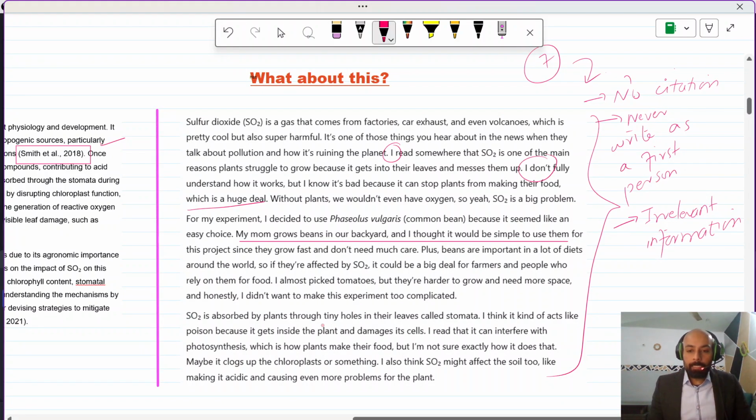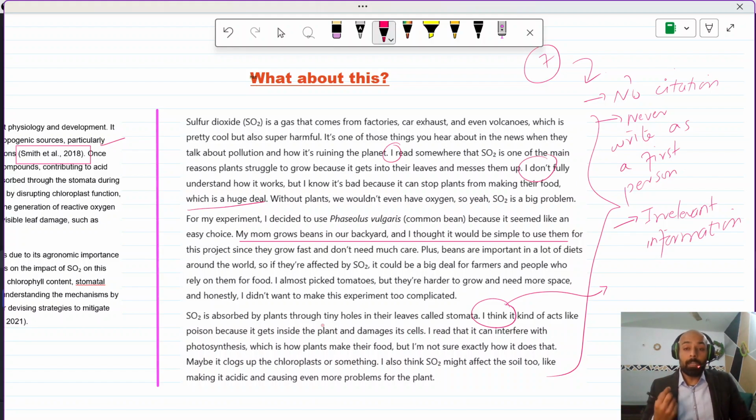Okay, and the student again is saying "I think." Make sure you do not use such words in your IA, like I think, I thought, maybe, might be. Never use these words. What is the beauty of IB is that we are promoting inquiry-based learning and a confident learning environment with confident learners, right?